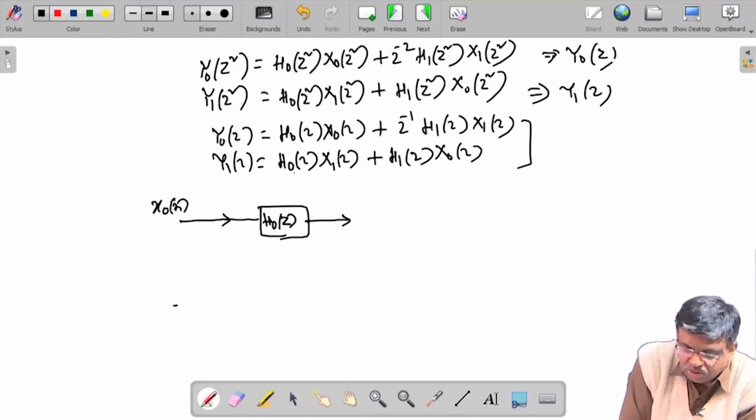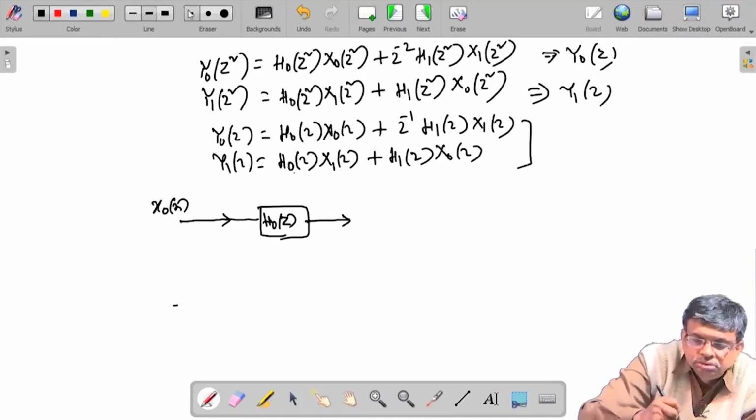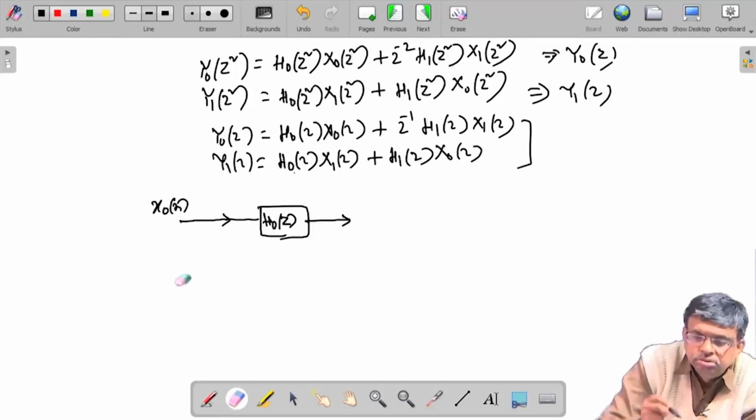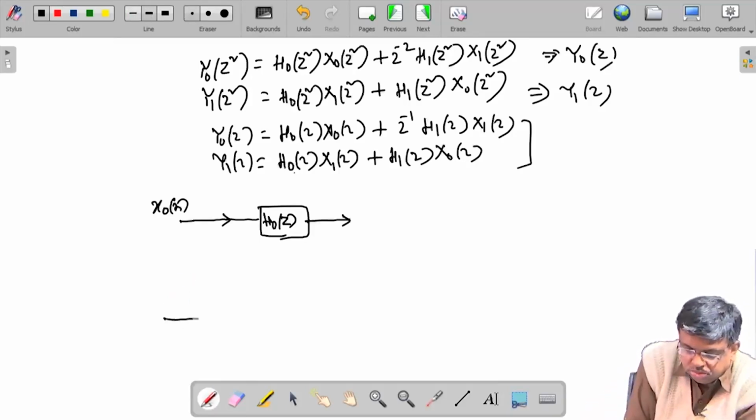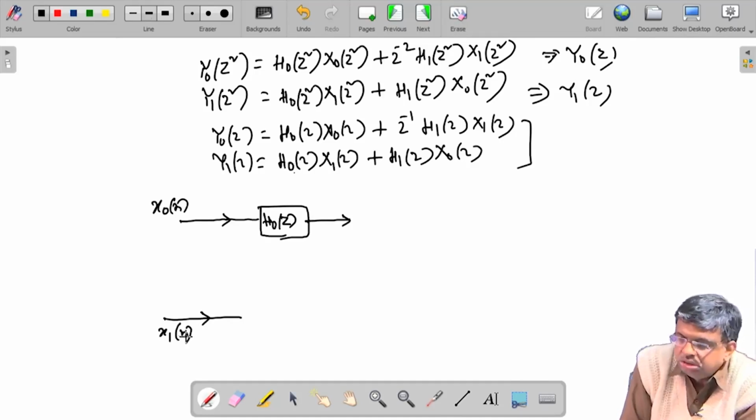I have, suppose, the other component, which is polyphase component 1 of order 1. Polyphase component 0th order, polyphase component first order. X1 n means in the z domain capital X1 z.